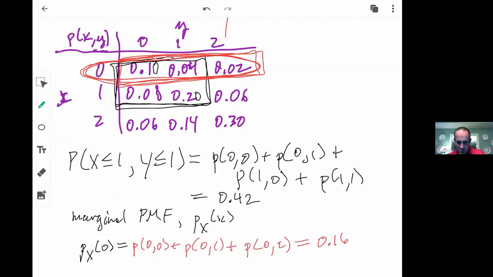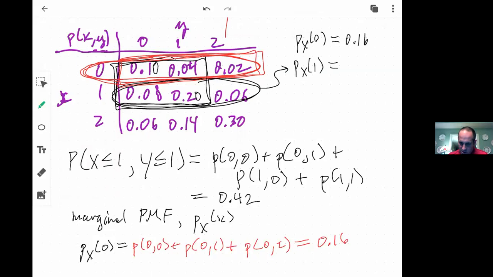What about P sub x of 1? So P sub x of 0 is 0.16. P sub x of 1 is going to come from adding up everything in the 1 row right here, and putting that right there. So this gave rise to this. P sub x of 1 is going to be 0.08 plus 0.20 is 0.28, plus 0.06, so it's 0.34.